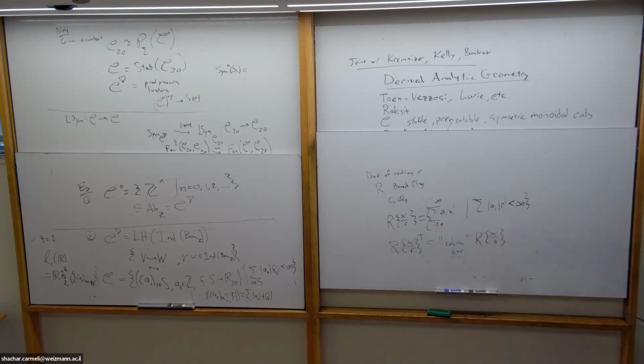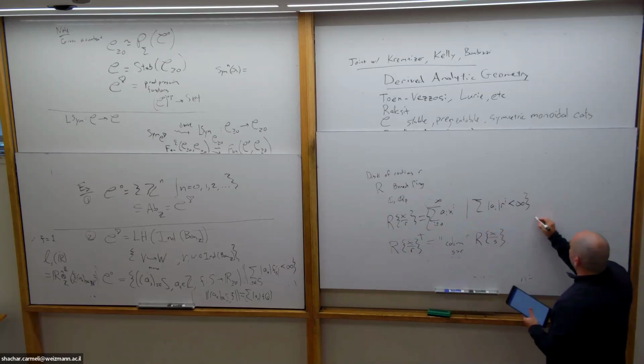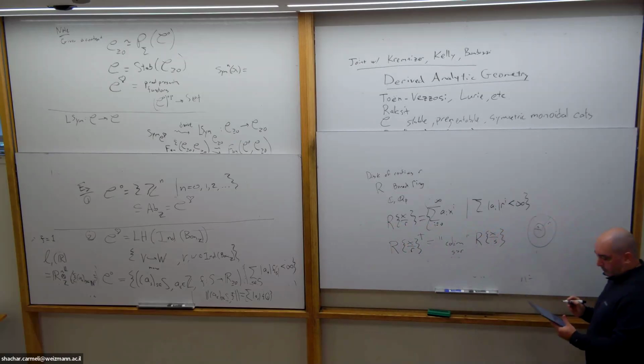This turns out to be nuclear and have all kinds of nice properties. And if you take a disk of radius r and you shrink down to a disk of radius s by restricting your functions, you get one of these homotopy epimorphisms.